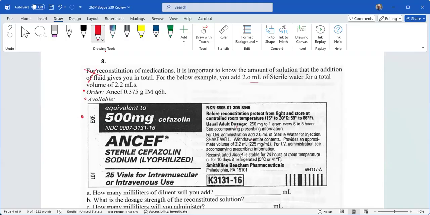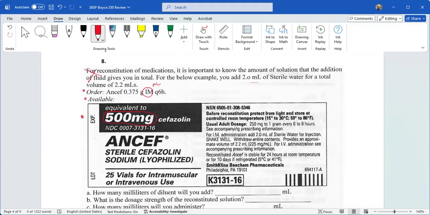So your question is going to look a lot like what do we administer, right? And you need to know that if it says intramuscular, that means milliliters. If it's an injectable, it's milliliters, so you're solving for milliliters. We'll know we're dealing with a reconstitution when you look at the label and it just says milligrams, it doesn't say anything about milligrams per milliliter.